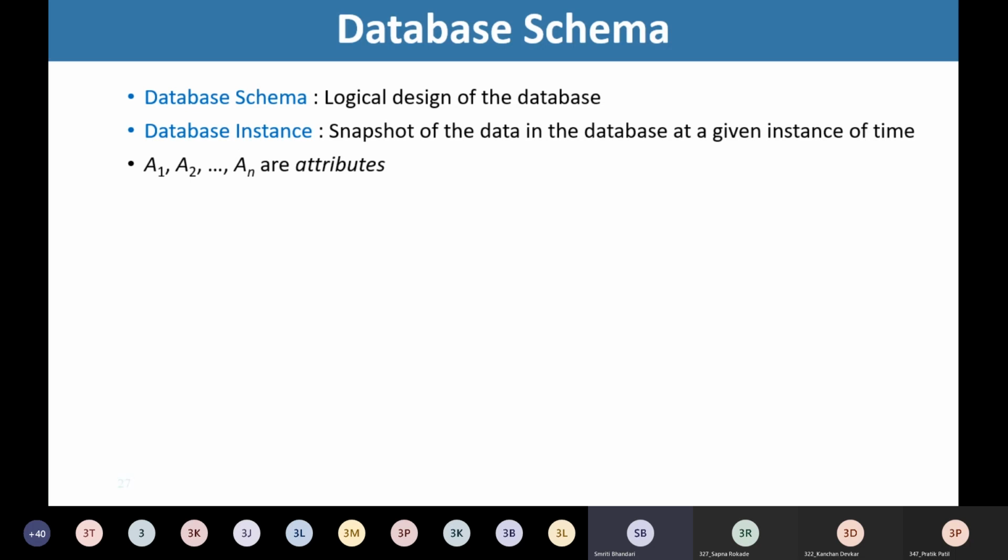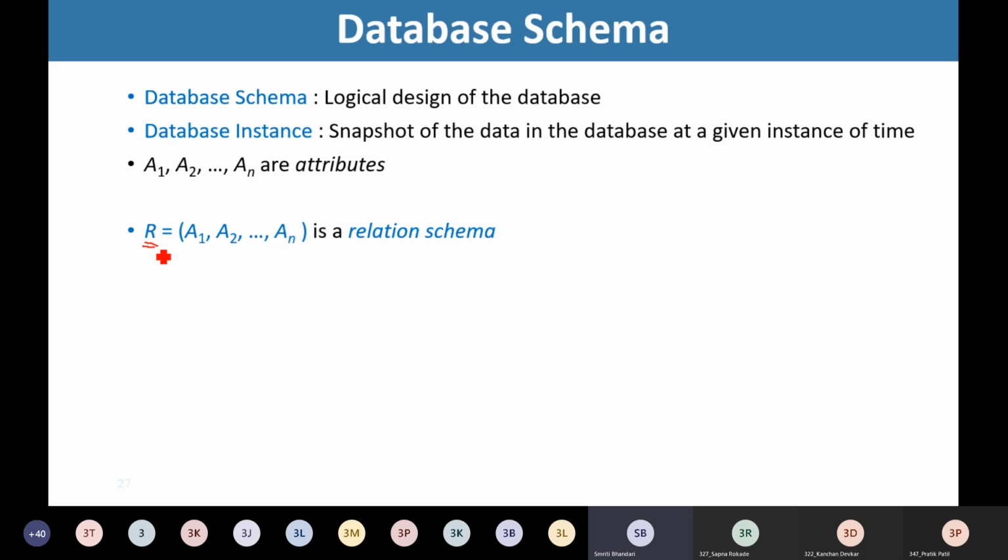Capital A1, capital A2 up to capital AN are the attributes. Now, a relation schema, capital R, is a set of attributes A1, A2 up to AN. These are very important notations.